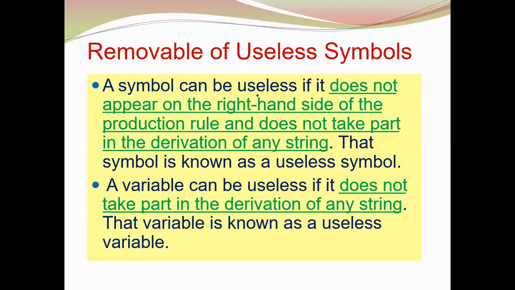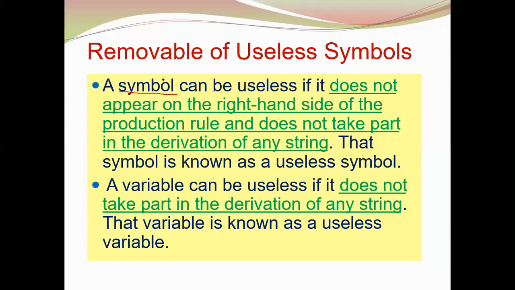The first one is removal of useless symbols. How can we remove the useless symbol from the grammar? A symbol can be useless if it does not appear on the right hand side of the production. Now I'm talking about terminals.